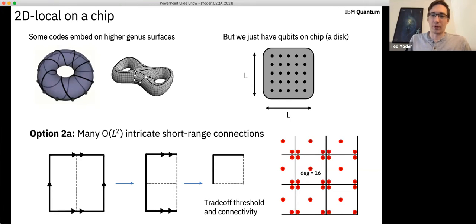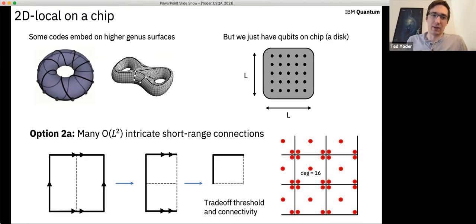For instance, you could get rid of a lot of the ancilla qubits that are measuring the stabilizers and just use one per face, which now has to do 4 times the work. It has to measure all 4 stabilizers, which increases the circuit depth and I expect lowers the threshold. So some study would have to be done to investigate whether the advantages we get from less connectivity actually are worth it.